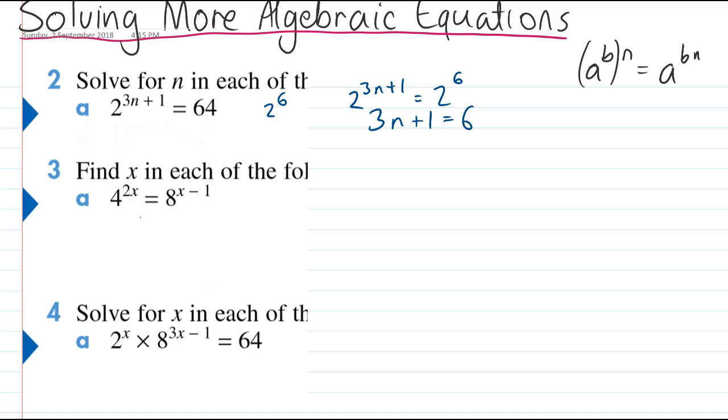Once we've got to that step, it's just a case of taking 1 away from both sides, and we get 3n equals 5. Thus, n equals 5 thirds.